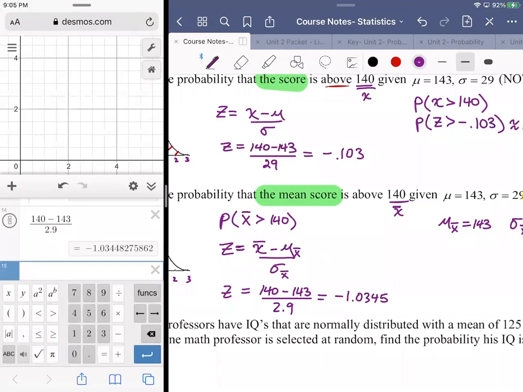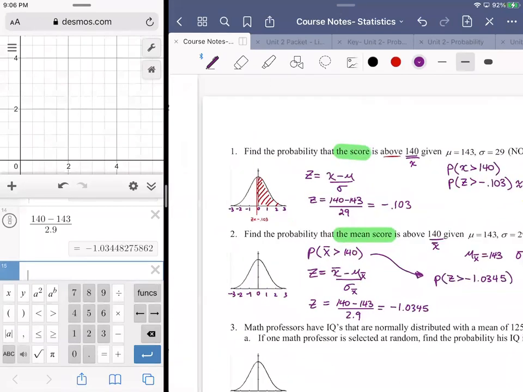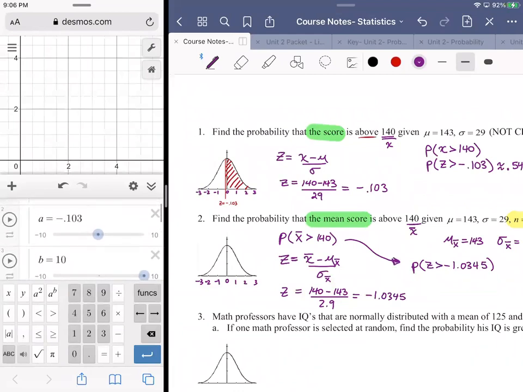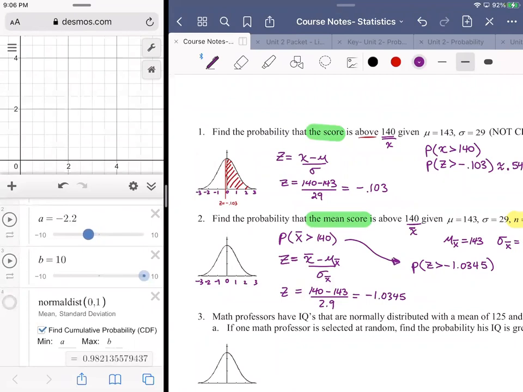That's what we're looking for. So instead of x bar being greater than 140, I'm looking for the probability that z is greater than negative 1.0345. Back to my calculator. I'm sliding this over.